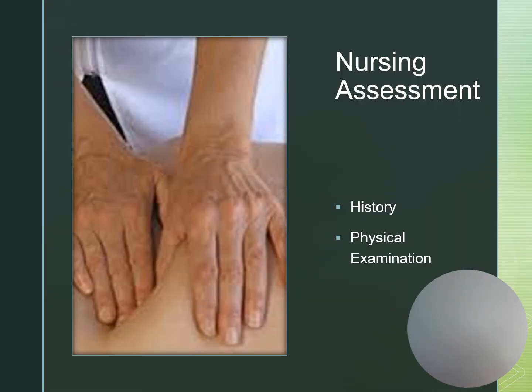So as we're doing our assessment, the objective of the history is to identify the client's specific problem and its possible cause. The history is going to include the client's chief complaint. A focused assessment of current nutritional, metabolic, and elimination patterns is important, along with their past history.